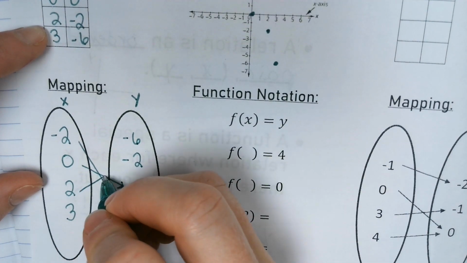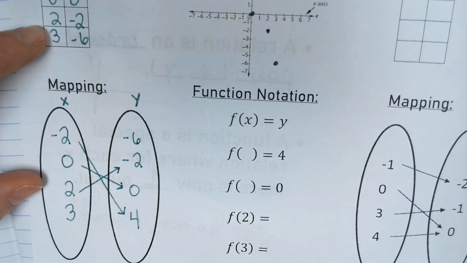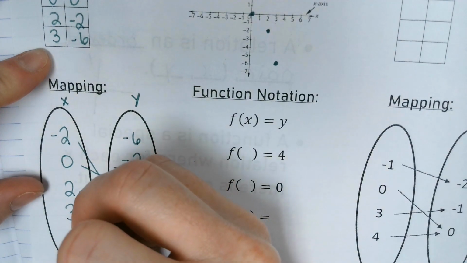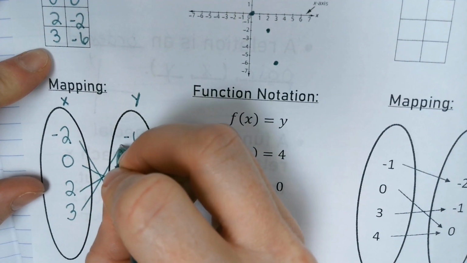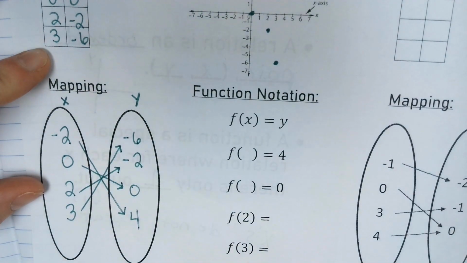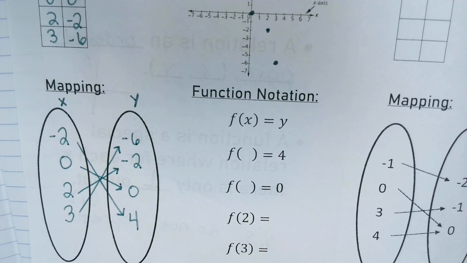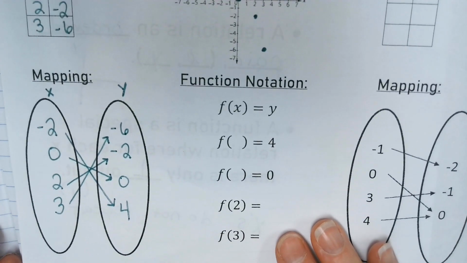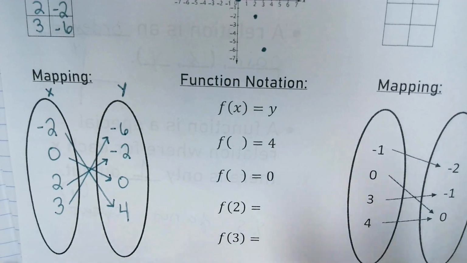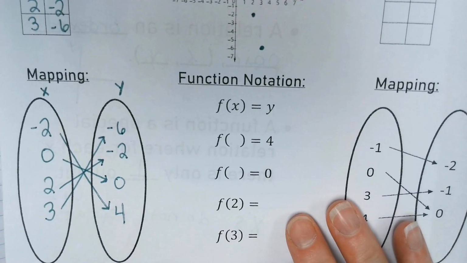Then 2 to -2. And then 3 to -6. So that's the mapping.